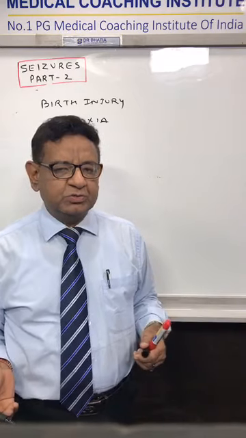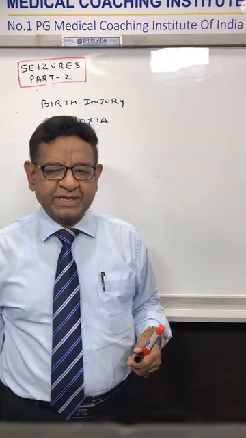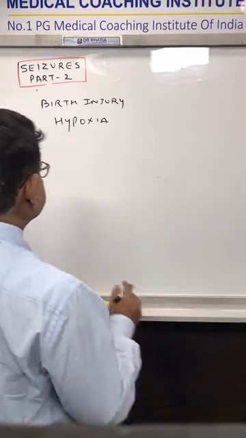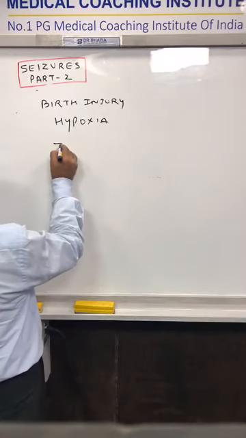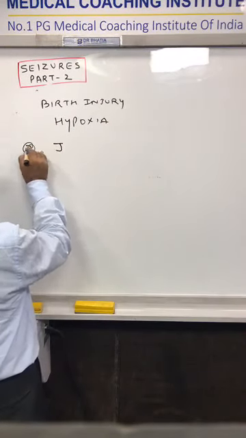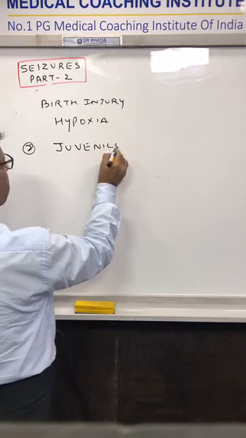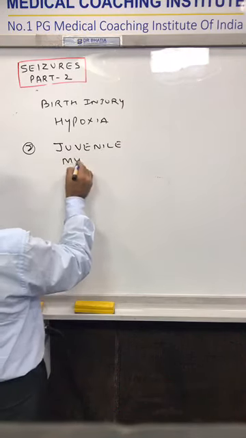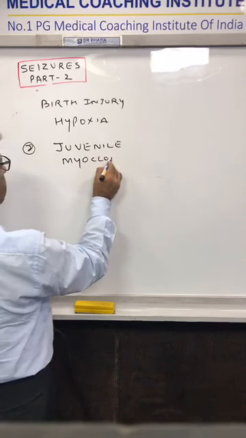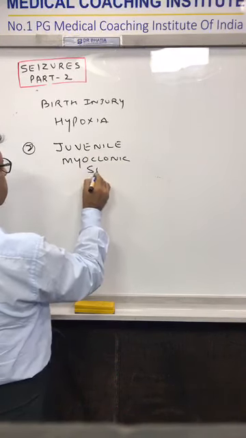All these are the usual causes which predispose to Lennox-Gastaut syndrome. Second type is juvenile myoclonic seizures.